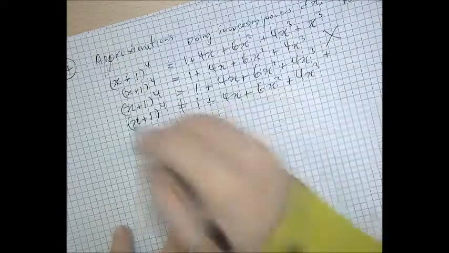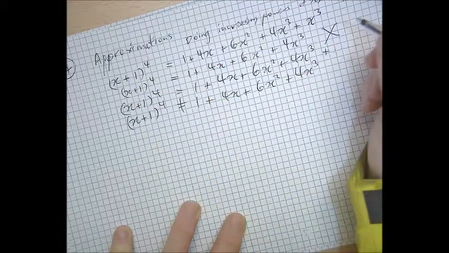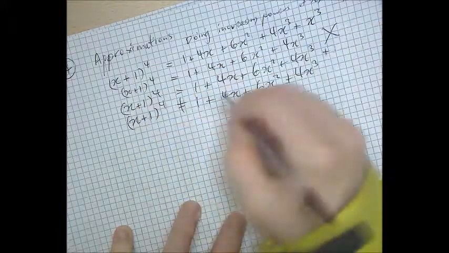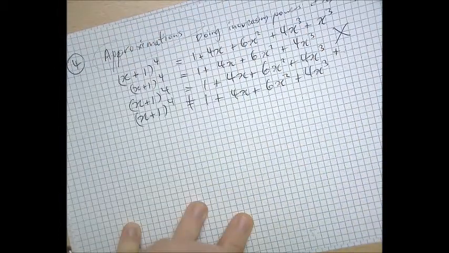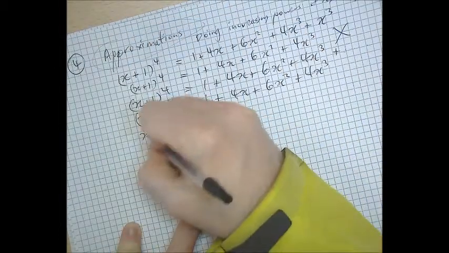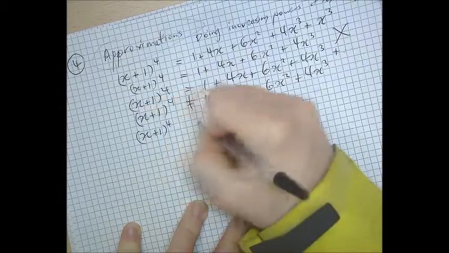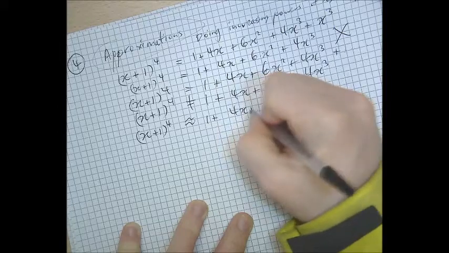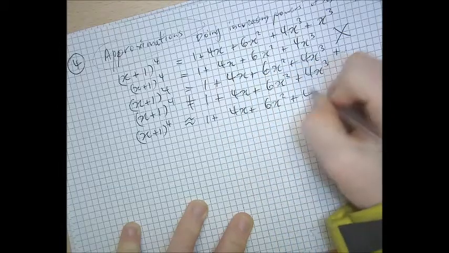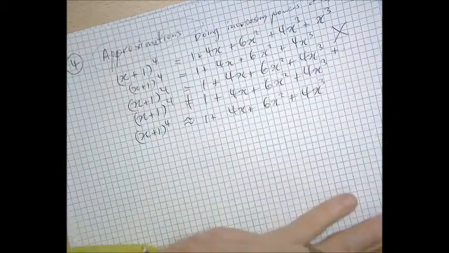But here's your third correct option. This is the option they want you to do if you see the word approximation in the question. They want you to write this. They want you to use an approximately equal to sign, and it's your job to check that that is legitimate.